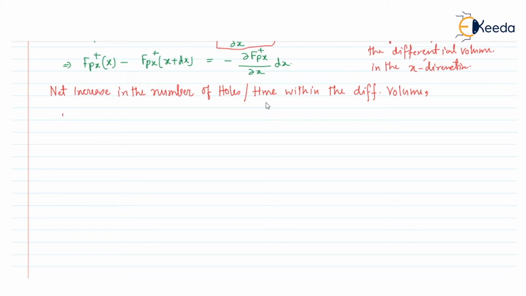We can write Fpx at x plus minus Fpx at x plus dx, into dy dz, equals minus del Fpx by del x, dx dy dz, this way.